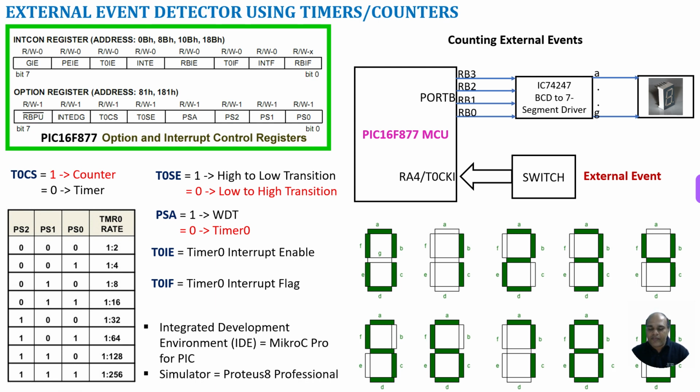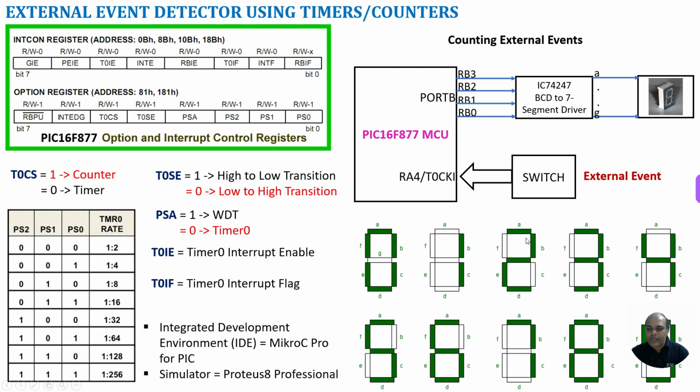For example, if I want to display 0, then all the segments except the G segment will be activated. If I want to put 1 on the 7-segment display, then the B and C segments alone will light up. All the other segments will be in the off state. If I want 8, then all 7 segments A to G will be activated. So depending upon what number we want, the corresponding segments can be activated.